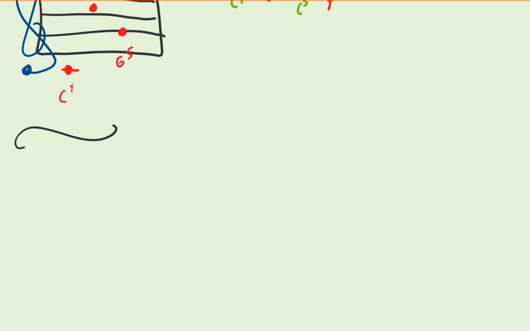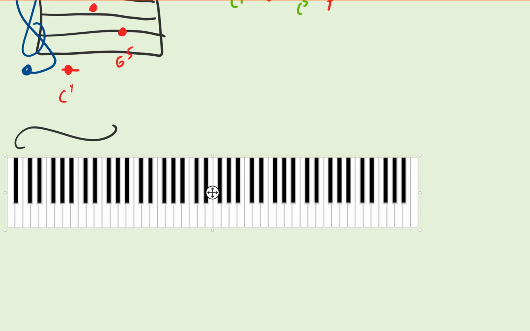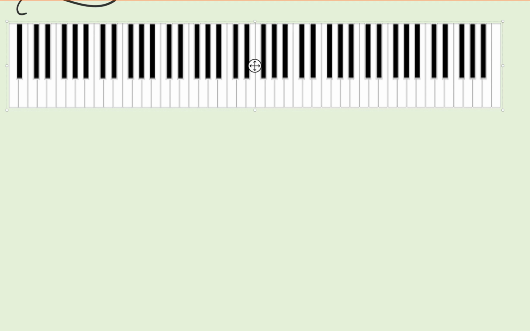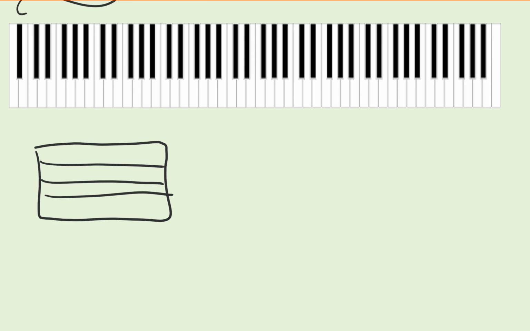Now let us practice with the bass clef. So let us assume that we have this scenario. Suppose we want to find this value, and this value.